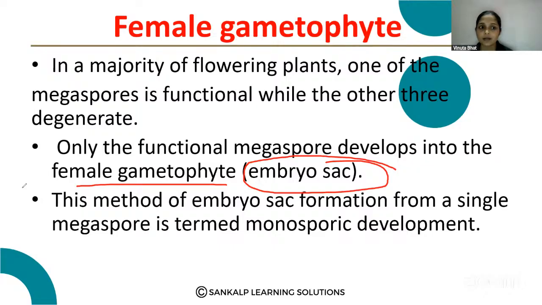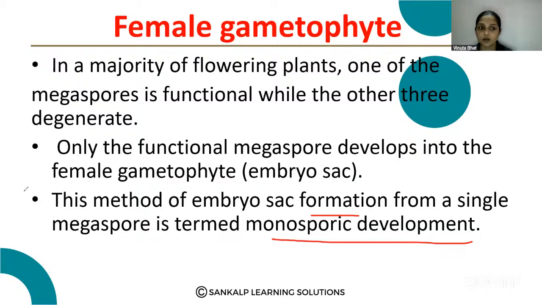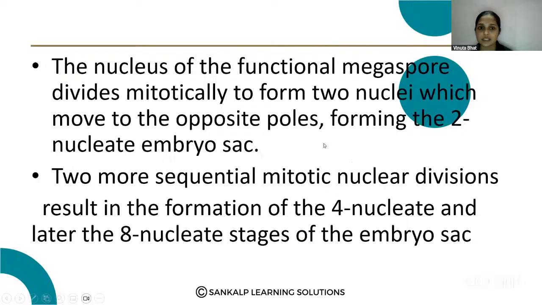So from one megaspore mother cell, one embryo sac will develop. This method is called monosporic development, because a single megaspore develops into the embryo sac. So it is called the monosporic development of the embryo sac.